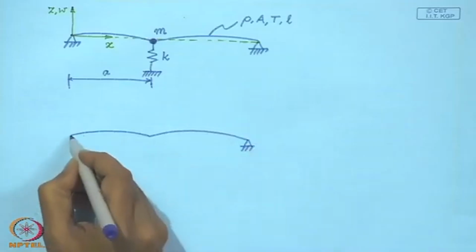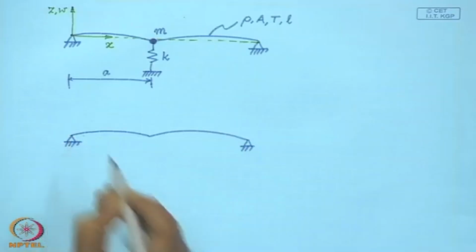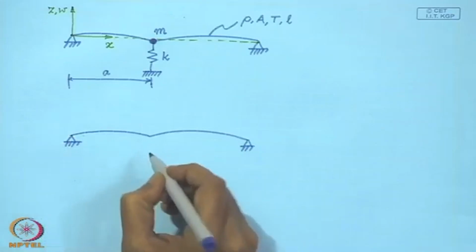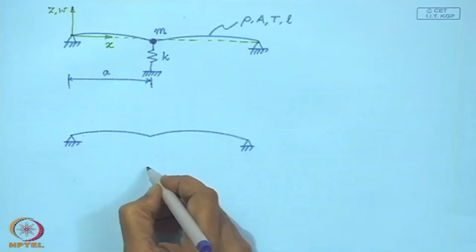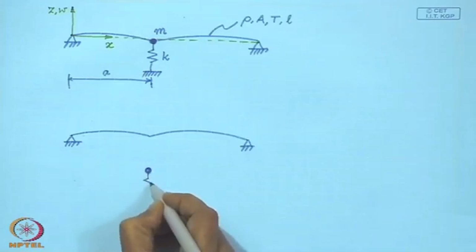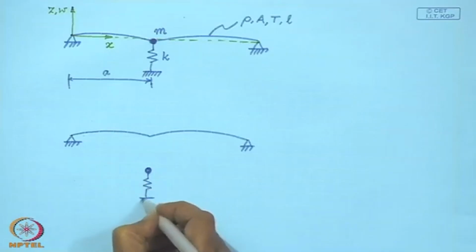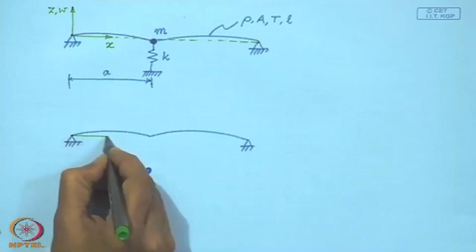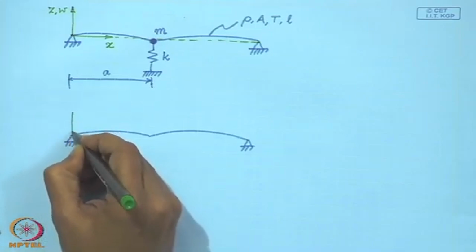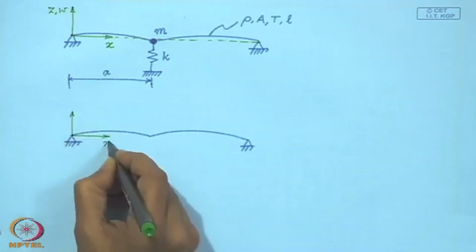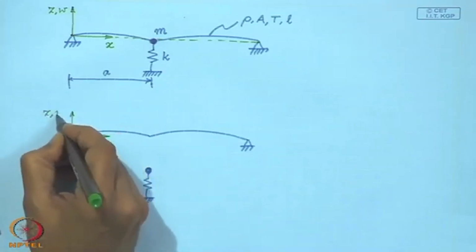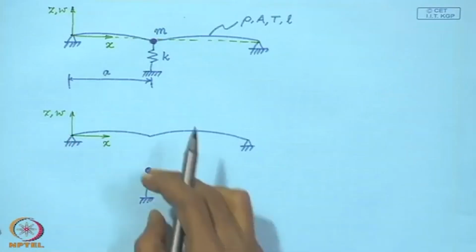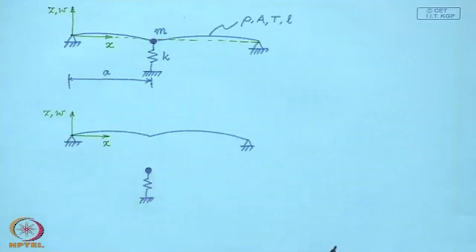This looks like this, in which I have separated the oscillator from the string.